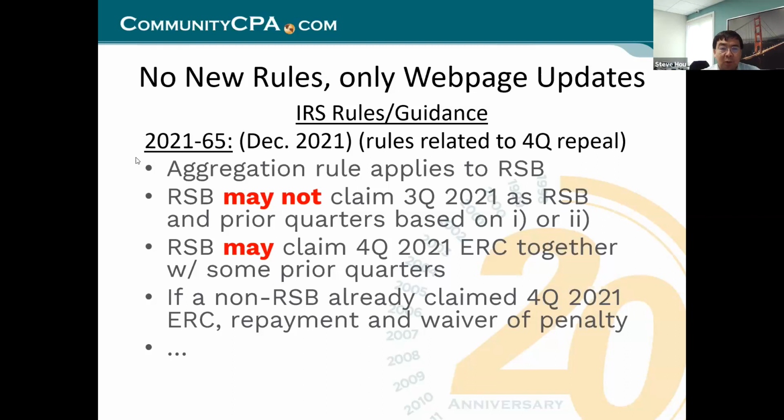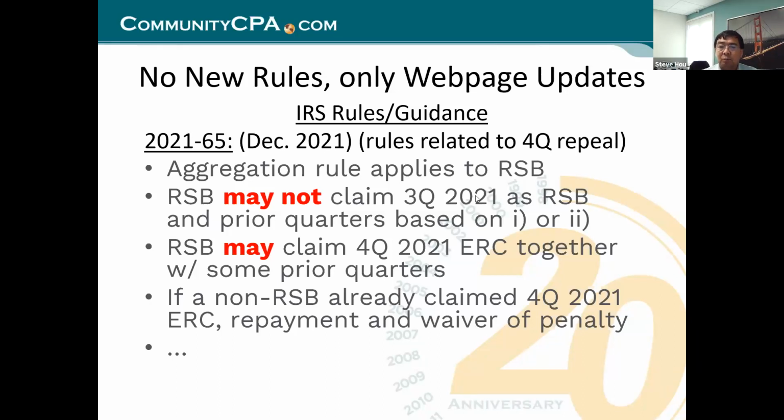Okay. So earlier I mentioned that in November of 2021, the Congress repealed the fourth quarter 2021 ERC program. Okay, so the only employers that were still eligible for the fourth quarter 2021 ERC were those recovery startup businesses. In general, the fourth quarter 2021 ERC was repealed.